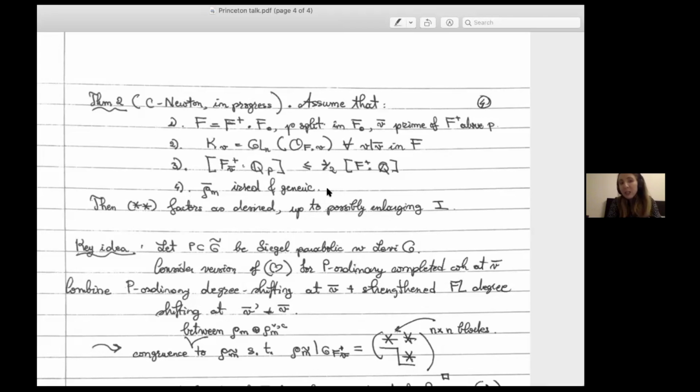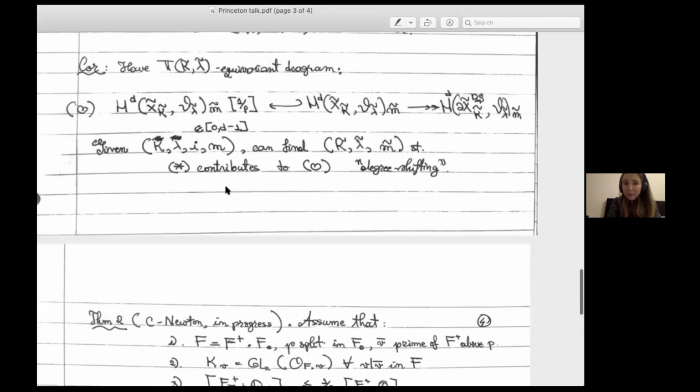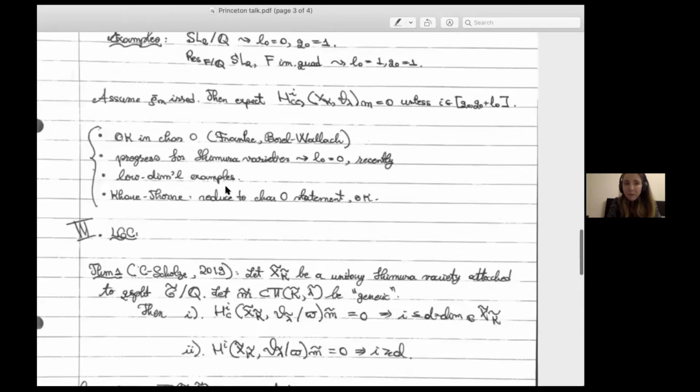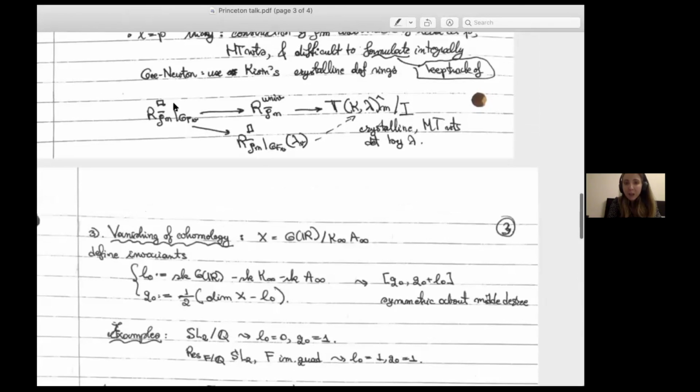This is needed so that you can apply the first theorem. And then the claim is, under these conditions, but for arbitrary lambda, for arbitrary prime p, for arbitrary ramification of p in F plus, this diagram factors as you expected it to factor.